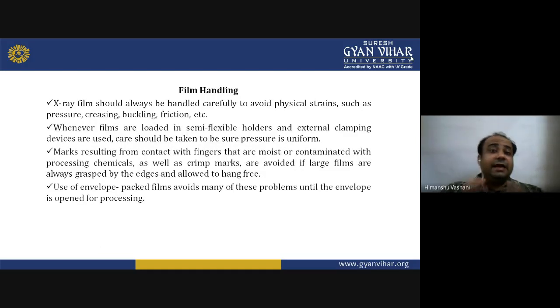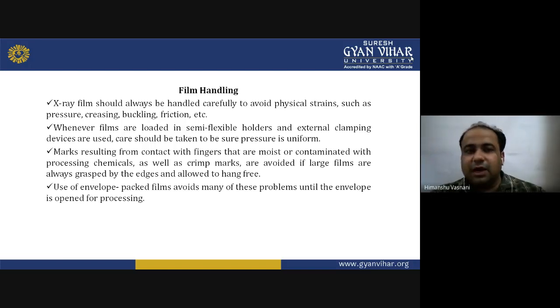Now film handling. Selection, then packaging, now handling. Very important. X-ray film should always be handled carefully to avoid physical strain such as pressure, squeezing, buckling, and friction.